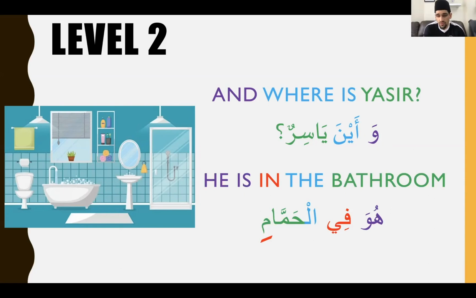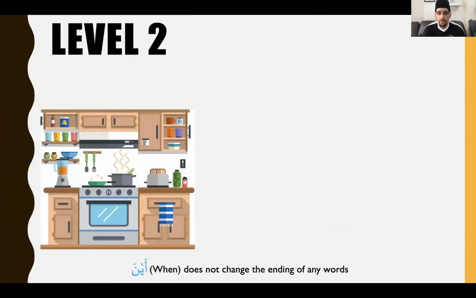You might have heard the word hammam before. You have the Turkish hammams, which are a little bit different, but originally they all come from this word in Arabic, hammam, meaning bathroom. Note again, Aina hasn't changed anything. The ending of the word Yasir is kept the same. Just a point to remember.